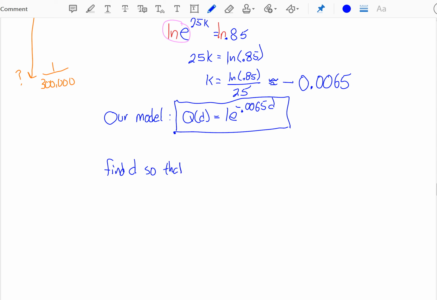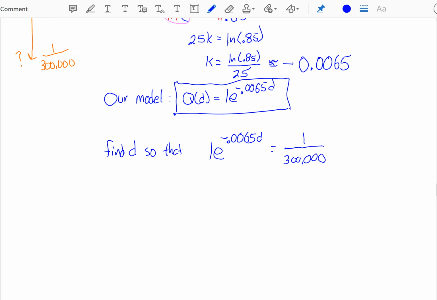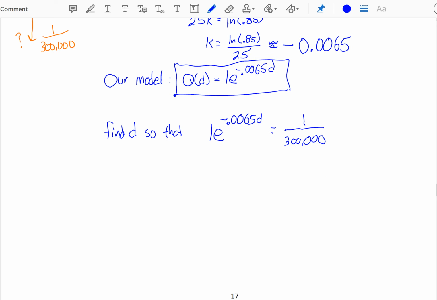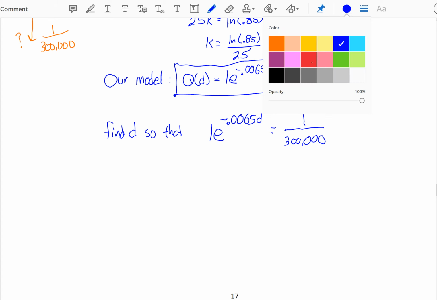So we need to find that depth D such that 1 e to the negative 0.0065 d is equal to 1/300,000th of your noonday sun. Notice that we're solving the same algebra problem lots of times, so this will seem like a pattern now.